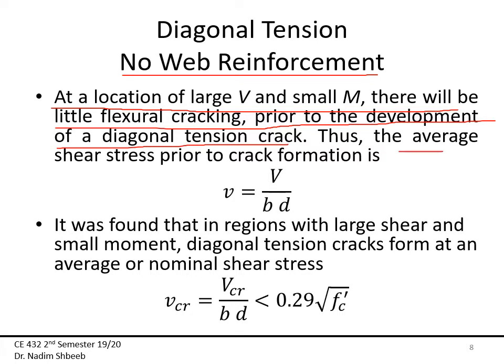Thus, the average stress prior to that is going to be equal to V over bd. And through tremendous experiments, it was found that this is not more than 0.29 square root f'c, where f'c is in megapascals or newtons per millimeter squared.